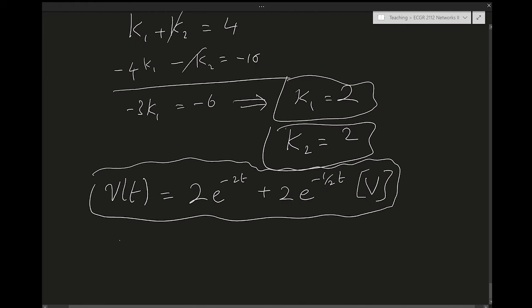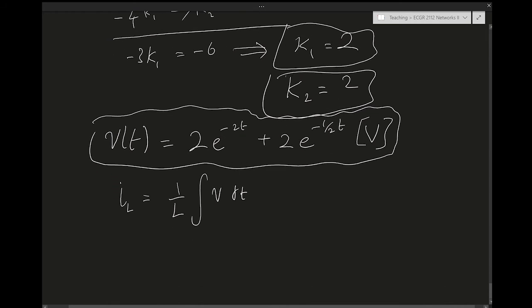Say they ask you also for IL. Let's say they ask you for the inductor current. Well, the inductor current is just going to be 1 over L, the integral of the voltage dt. That's what the inductor current is going to be, and we can easily calculate that from there, right?